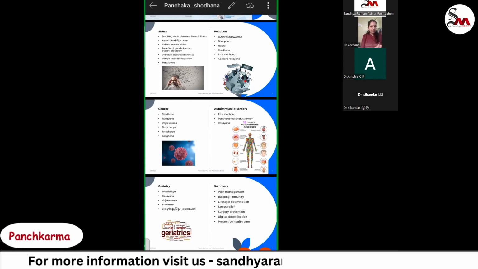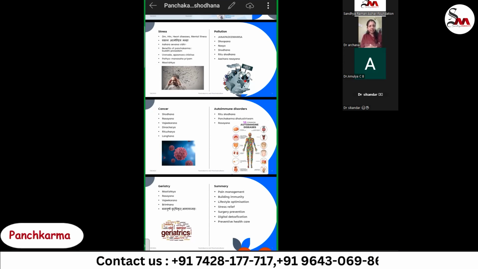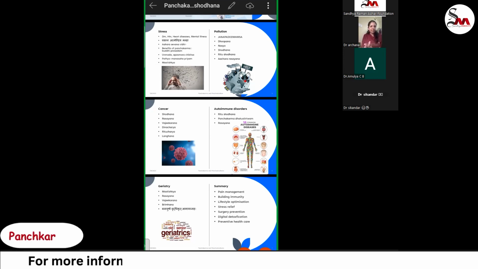We can apply Panchakarma on individuals, or everybody for that matter, so that pollution has minimal effect on our body. We know about Janapadodhvamsa, which has been clearly mentioned in Ayurveda. That itself suggests that even they were aware of things like this.